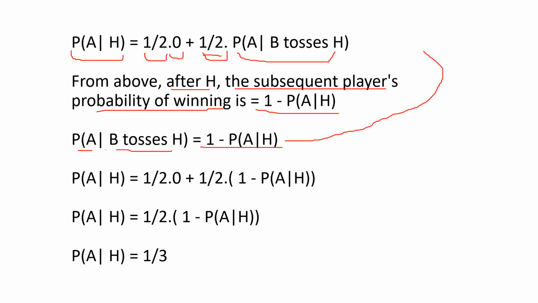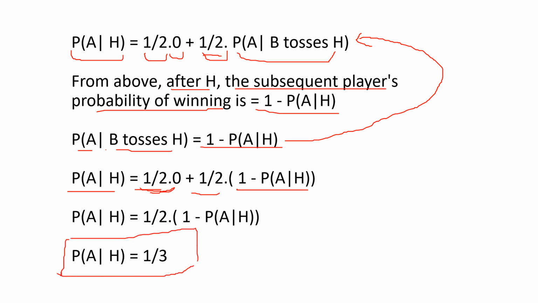So we substitute this back to get probability of A winning given that A tossed heads is 1 by 2 times 0, this is when B tossed tails and won the game, plus 1 by 2 times 1 minus PA given H, that is when B tossed heads. A's probability of winning is 1 minus PAH. So solving this, we get probability of A winning given that A tossed heads is 1 by 3.